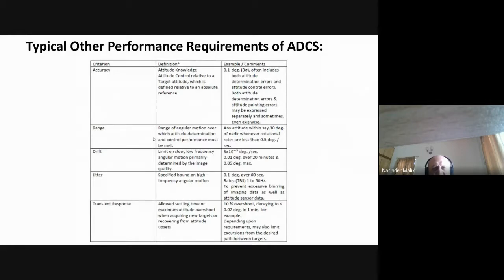The drift is within that low band: at what rate the spacecraft attitude is drifting around the mean pointing axis. Jitter and transient response, like in any typical control system, you want to go from one angle or one target position to another, how quickly it should settle, and that's what it defines.